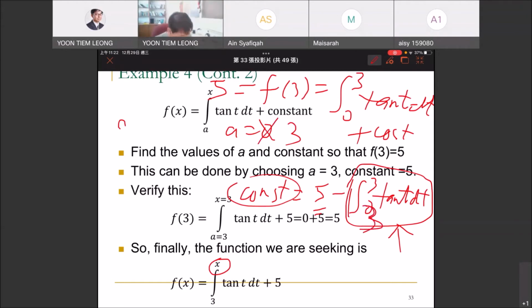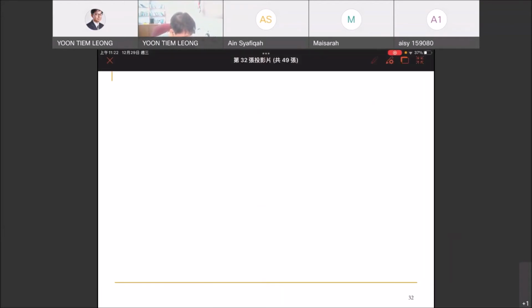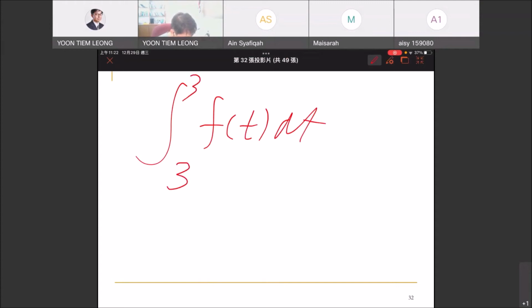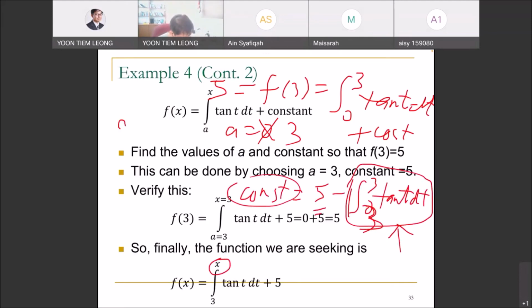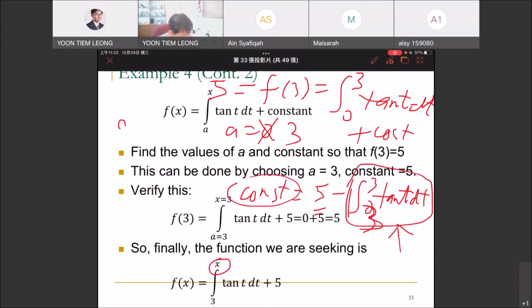So according to the rule that we mentioned earlier on, if you have a function like tangent t dt and you integrate from the same value, 3 to 3, it will always give you 0, right? This is one of the rules that we mentioned earlier on. So if I change my choice of a from 0 to 3, then this term will just go to 0 and my constant is just 5.